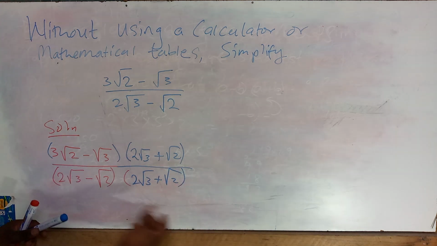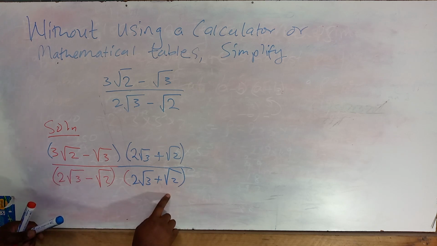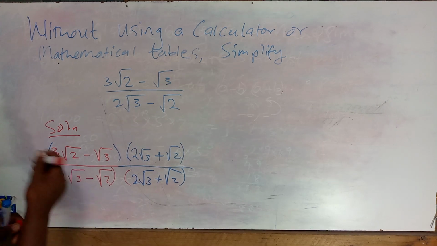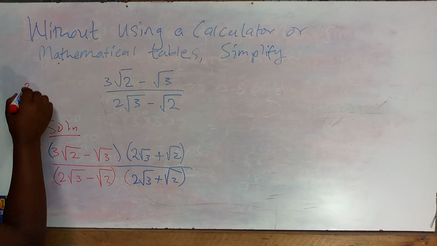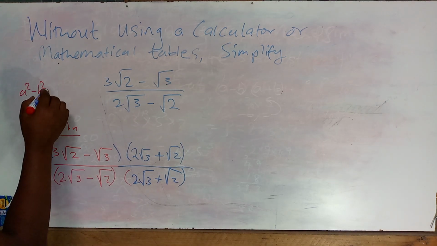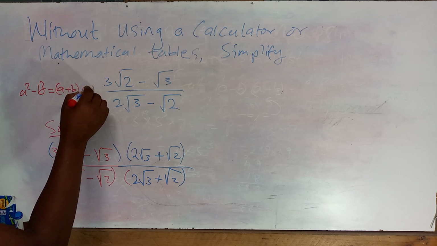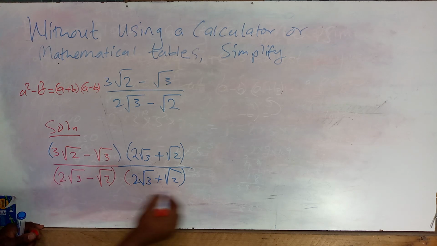But now we won't cancel, but we can now expand. Expanding this, since I have written here a squared minus b squared is equal to a plus b multiplied by a minus b, which is this one.